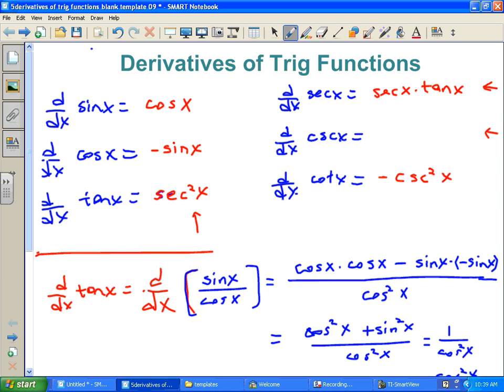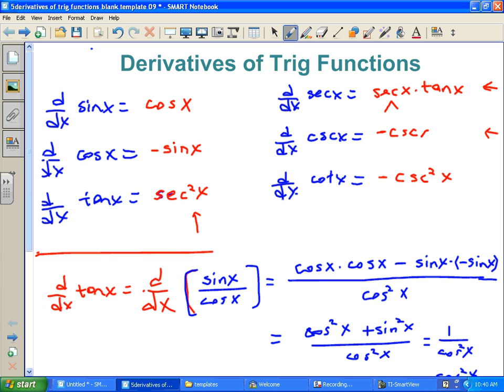So we're going to use the following. We know that the derivative of secant is secant times tangent, correct? Now I want the derivative of cosecant. So all I have to do is put a negative and take the cofunction, right? What is the cofunction of secant?